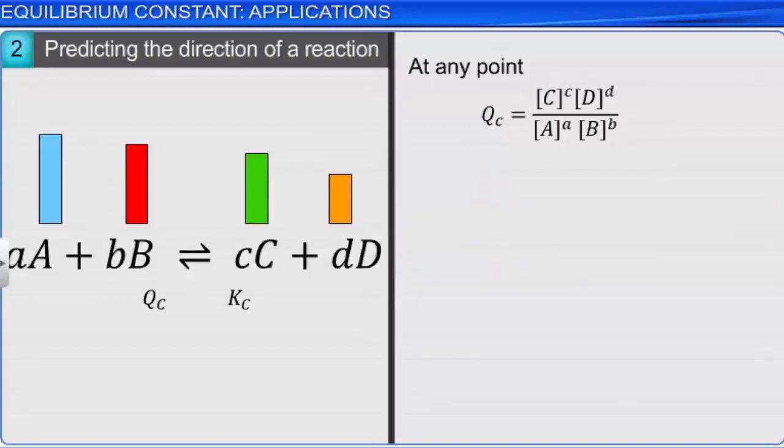For a general reaction of the type a moles of reactant A and b moles of reactant B, reacting to give c moles of product C and d moles of product D, the reaction quotient QC is expressed as the product of concentration of C raised to the power of c and concentration of D raised to the power of d, divided by the product of concentrations of A raised to the power of a and concentration of B raised to the power of b.